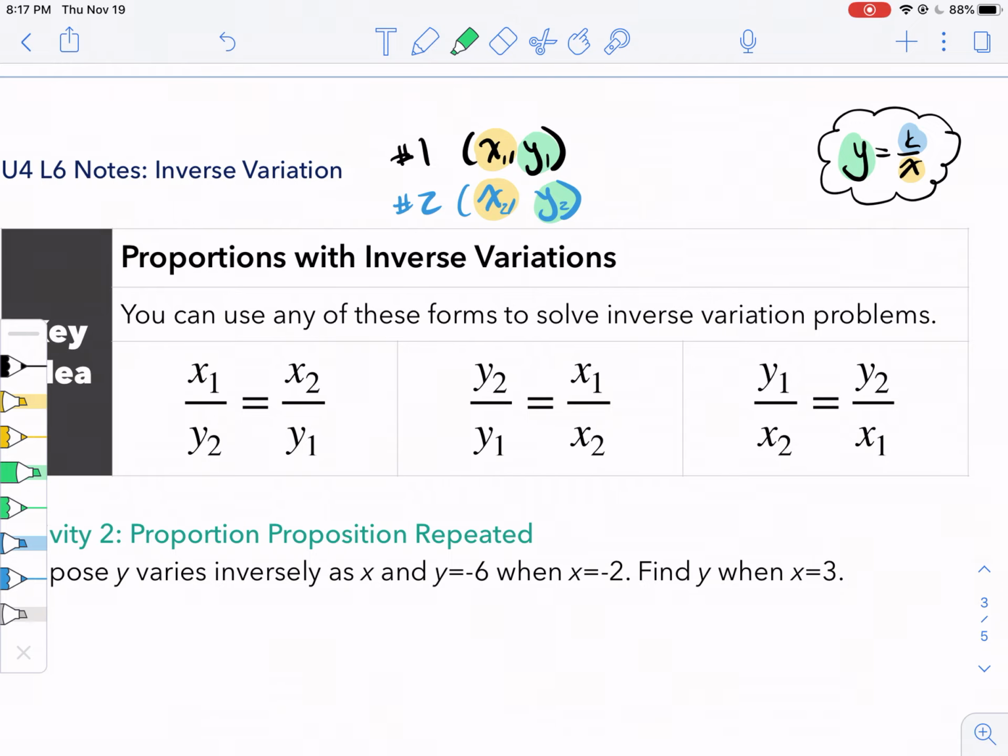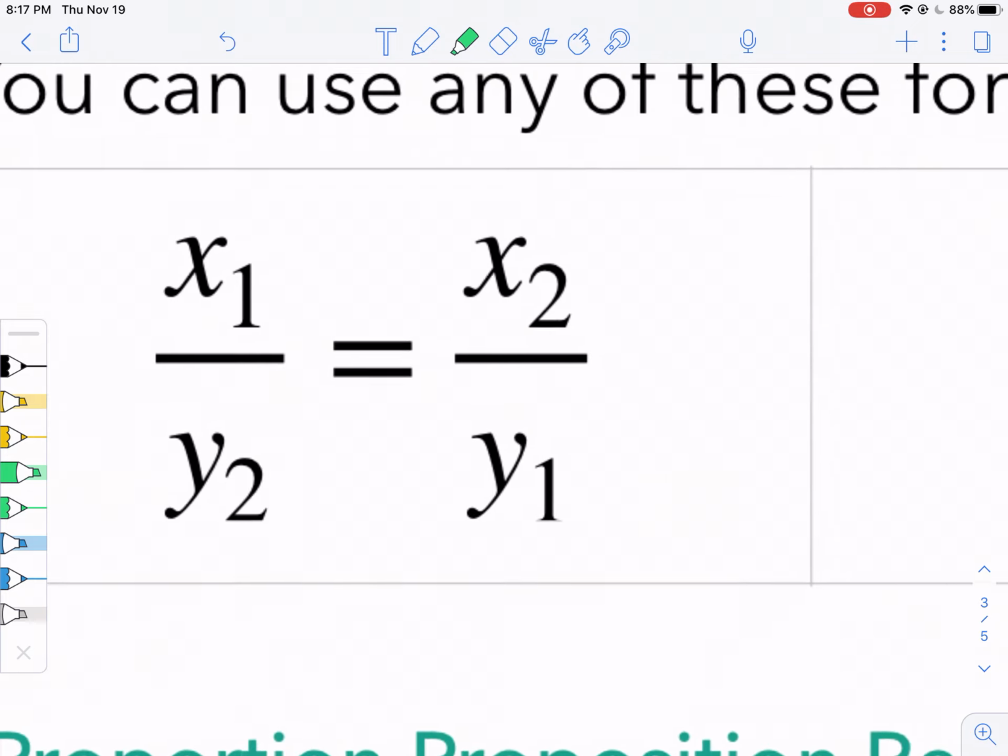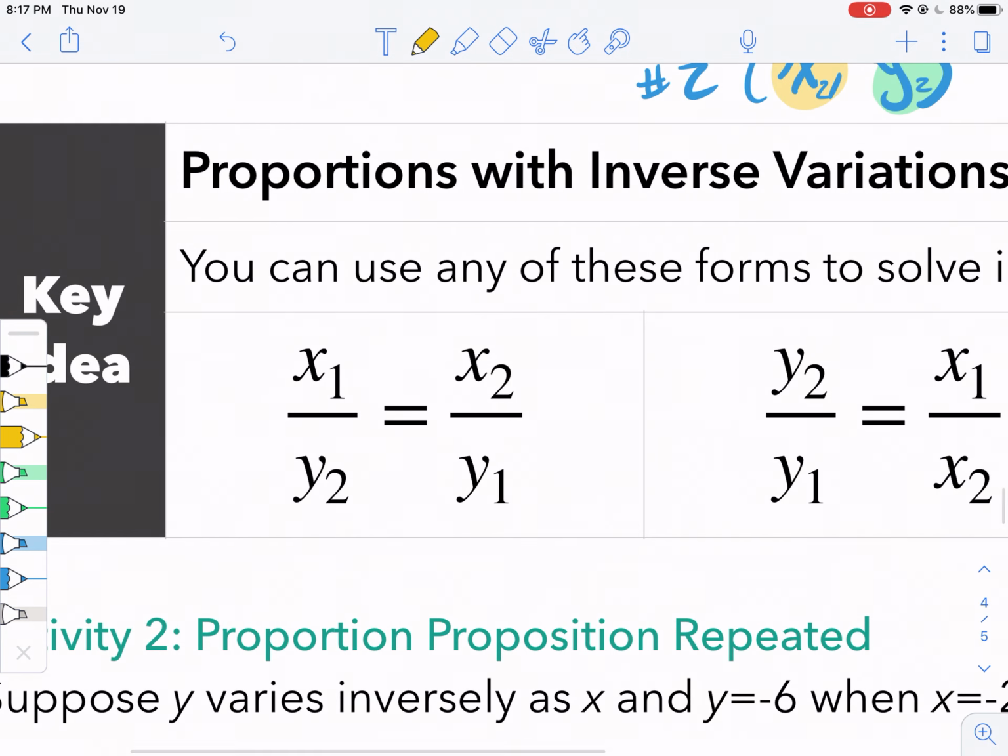But then things get kind of wonky. If you have your x's on top and your y's on bottom, then your points need to switch. Your point 1's need to be on opposite sides of the equal sign and your 2's on opposite sides of the equal sign.